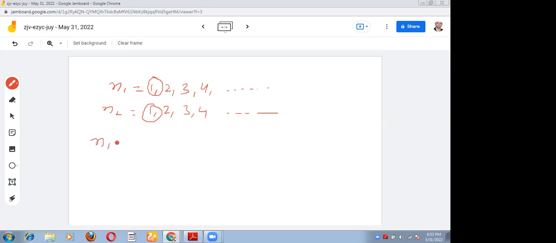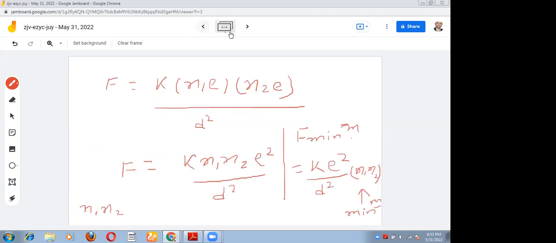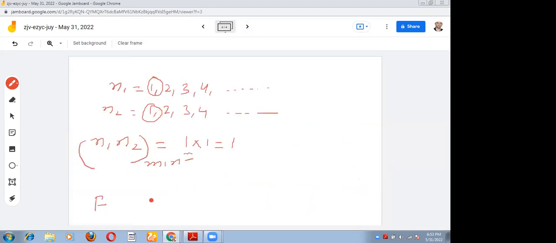So the minimum value of N1 and N2 should be 1 into 1. So the minimum force will be K E square by D square into 1.